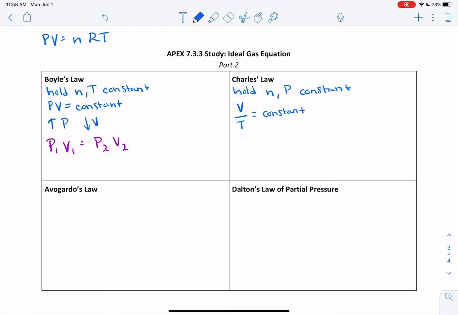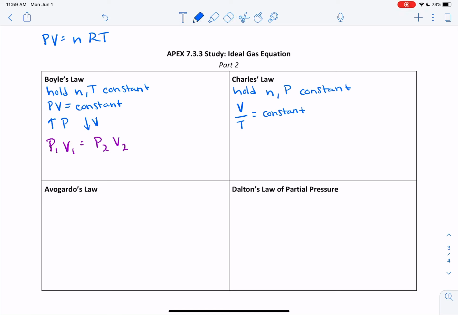And how we got that is if you have PV equals nRT and all of these are held the same, then to get this all on one side, you would divide by T.